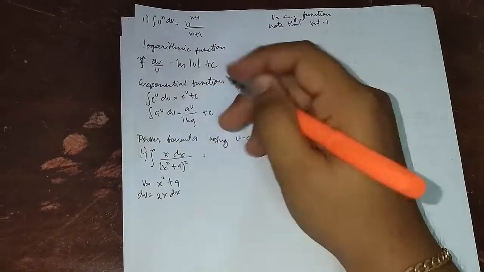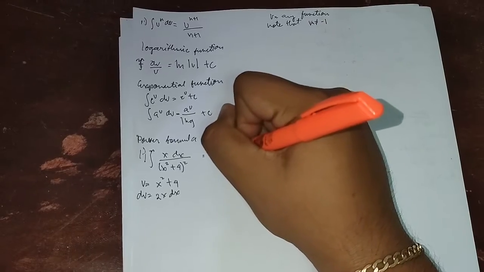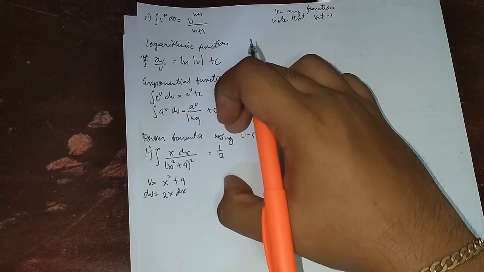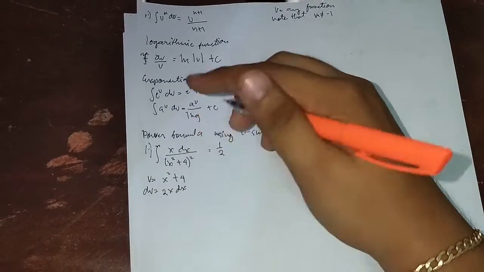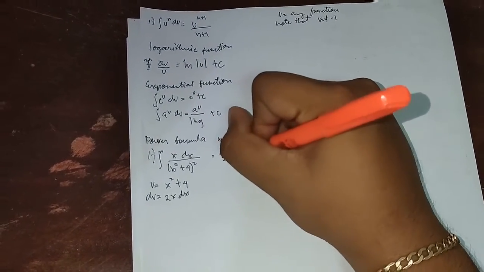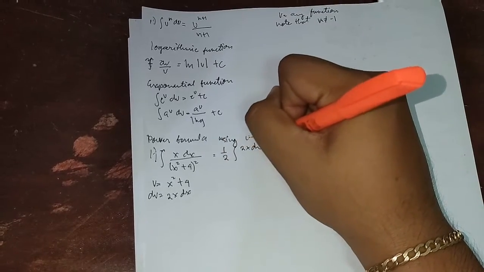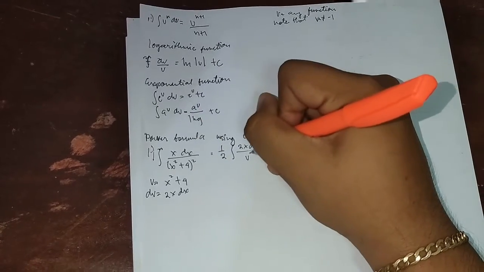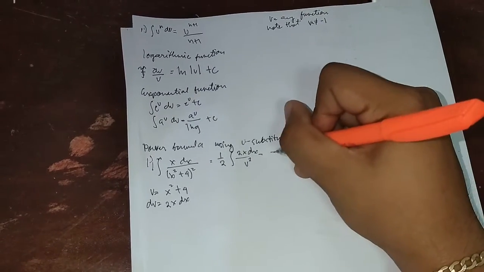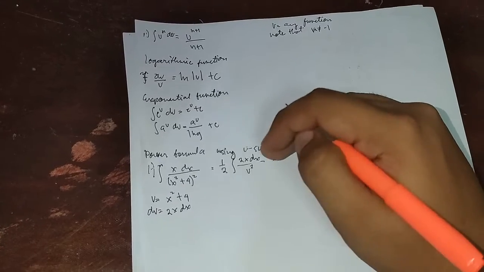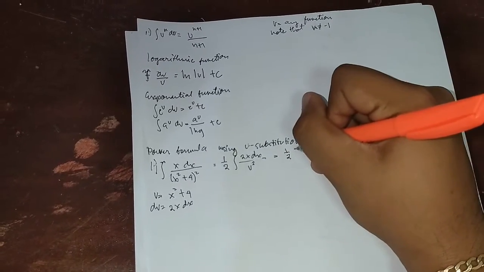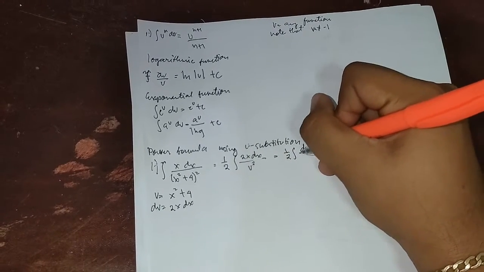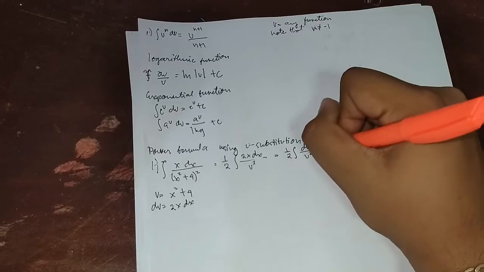So this will become 1/2, and our equation will be balanced: 1/2 integral of 2x dx over u squared, and the 2x dx changes into du over u squared.